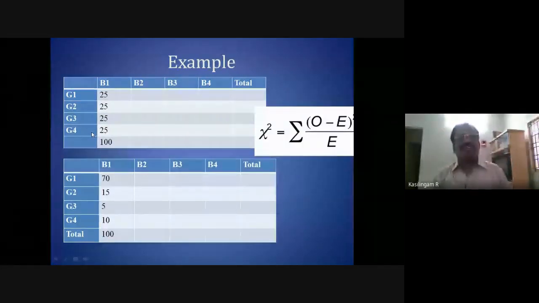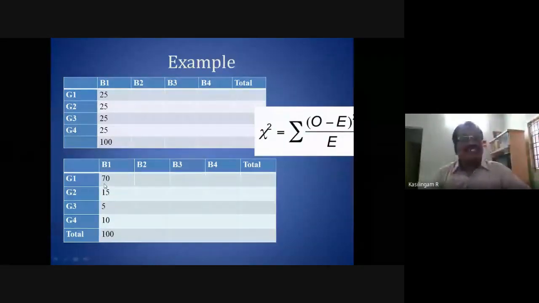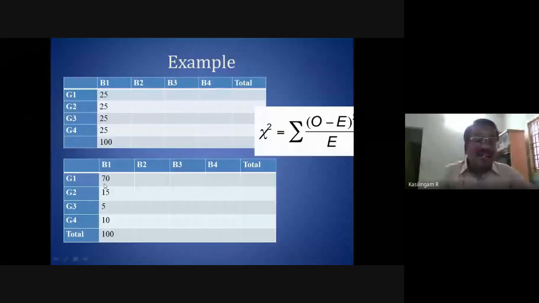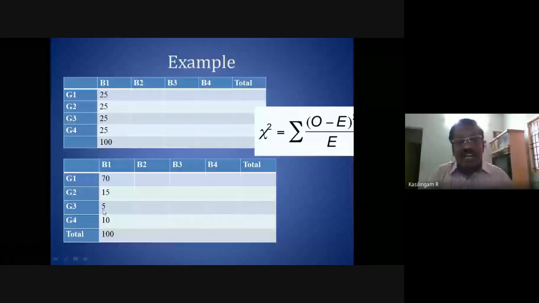But contrary to the expectation, what is he doing? Boy 1, Kaliyappan, is sitting with Kavita 70 times, and with Kuili only 5 times. No other girl he is sitting with. But why is he sitting 70 times?